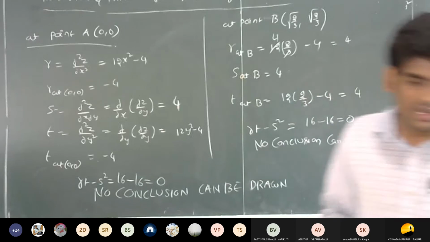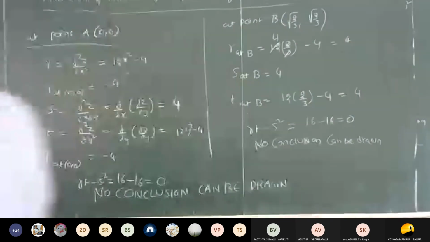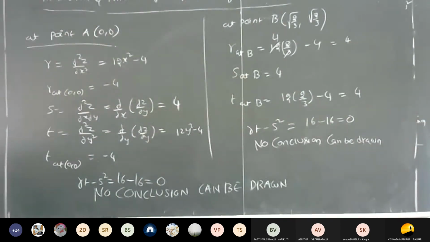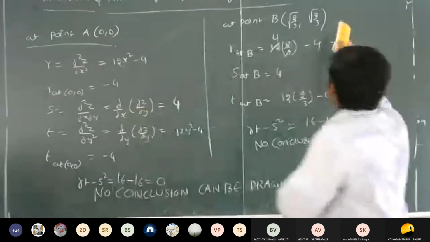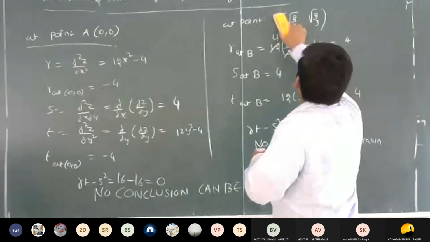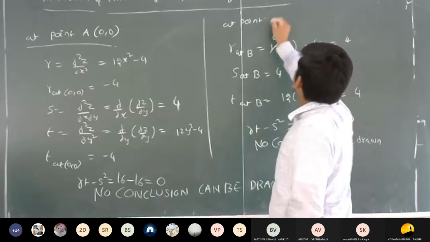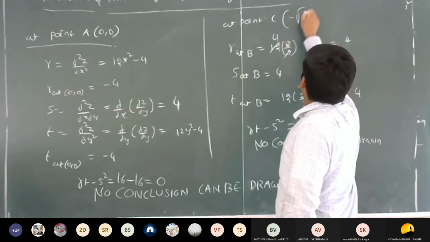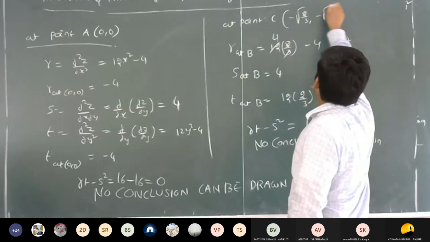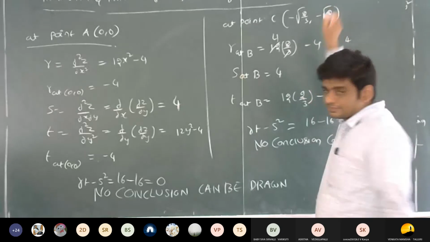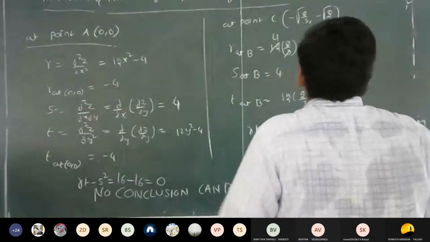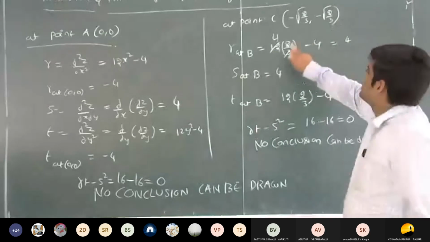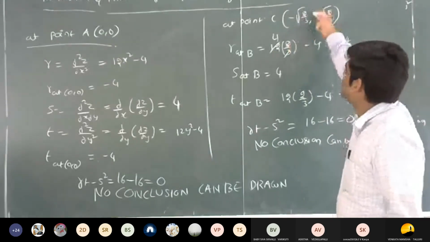Is it clear? You understand or not? Yes, sir. So next, I am going to discuss the point C. What is the point C? Root over minus 2 by 3, comma root over minus 2 by 3. Same, because here we have (minus 2 by 3) whole square.